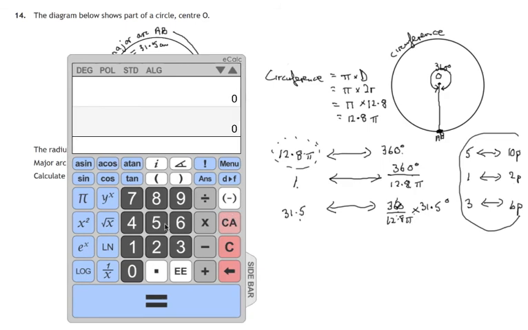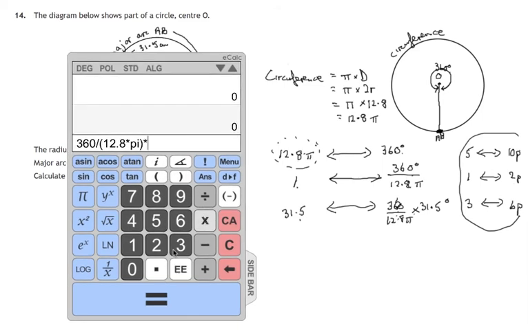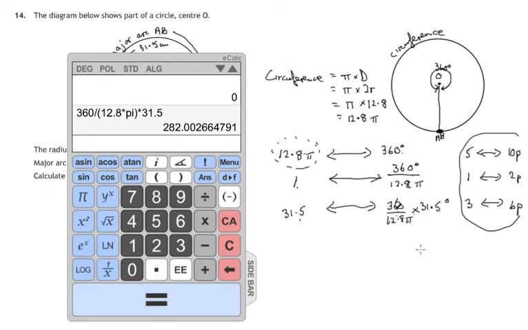So let's try that. 360 divided by 12.8 times pi. Now we'd better put that in brackets. 12.8 times pi, because it's 360 divided by the whole of that, times 31.5. And there it is, 282.00 and so on degrees.